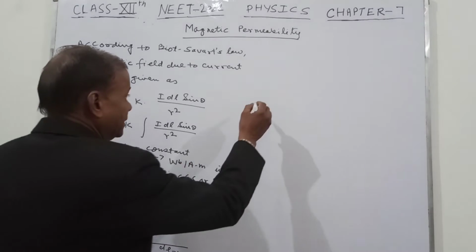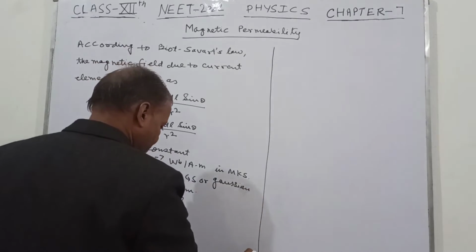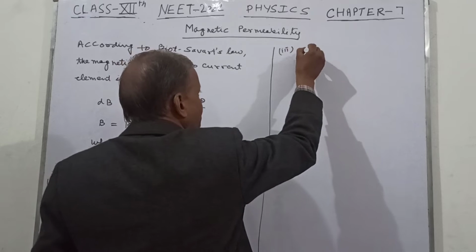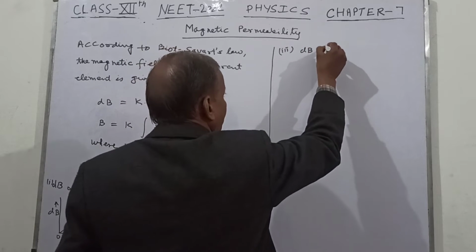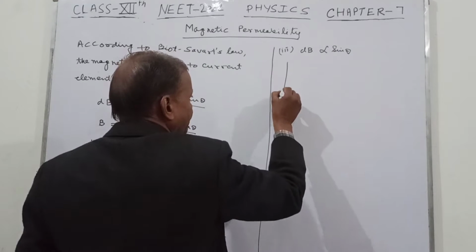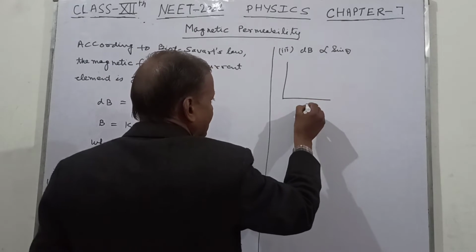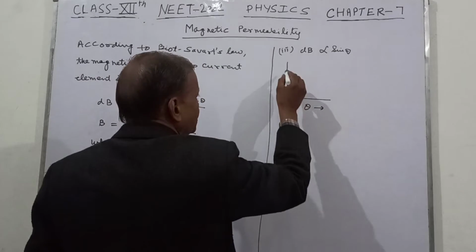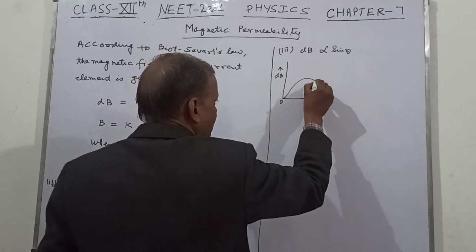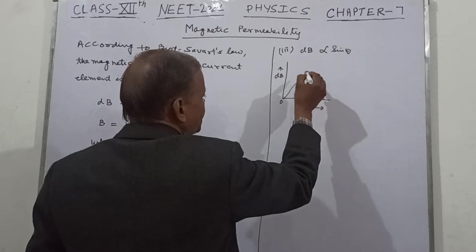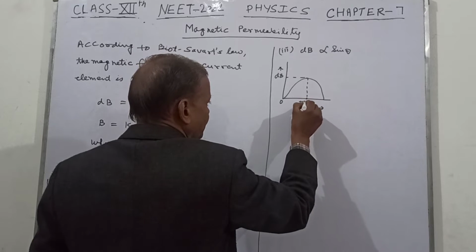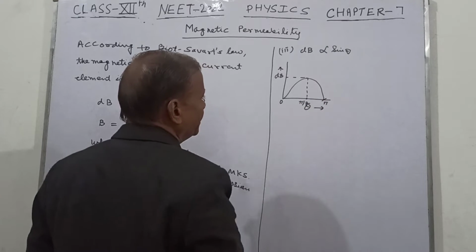And now we have another graph showing that dB is proportional to sin theta. If we take angle theta from 0 and plot dB, the graph is like this. Here B is maximum at pi by 2, and this is for pi.